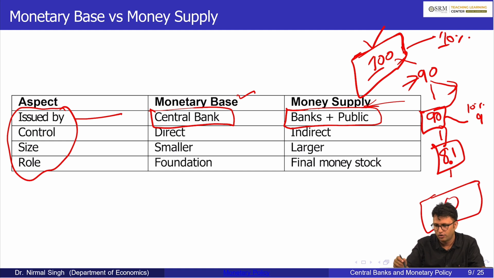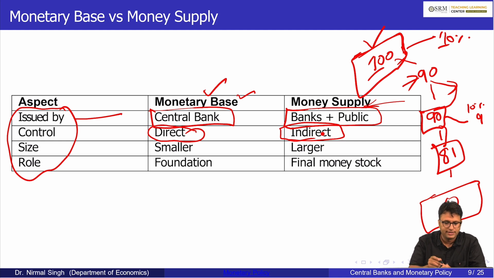So if we sum it up, we will end up with a certain value which will obviously be greater than the monetary base. So who controls this? The monetary base is directly controlled by the central bank, while the money supply is not directly controlled by the central bank, although it is indirectly controlled through setting reserve requirements or through other ways.